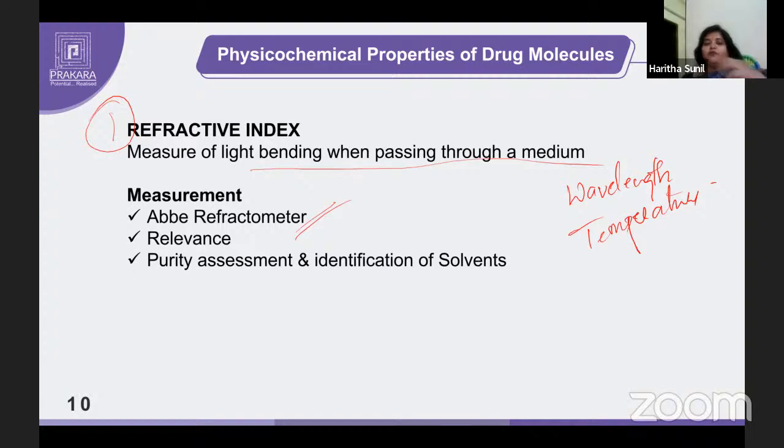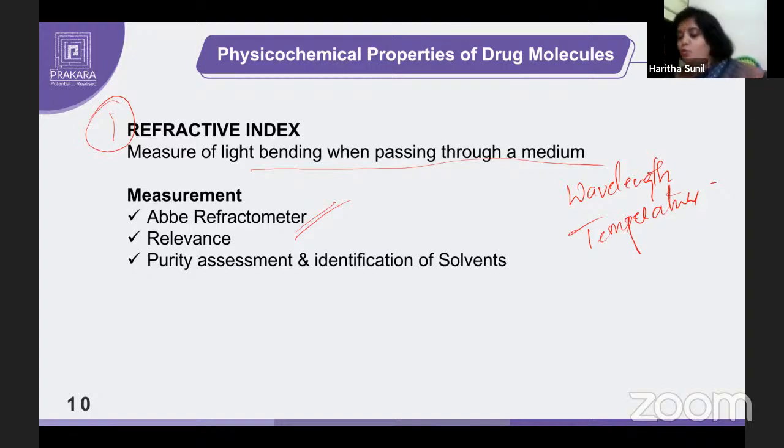Earlier, when we were doing B-Pharmacy, we had this experiment, but nowadays I don't think you have an experiment of determining the refractive index using a refractometer, right? A small amount of the liquid sample is placed on the refractometer's prism, light is passed through the sample, and the angle of refraction is measured. The refractive index is calculated based on the angle and the known properties of the instrument.